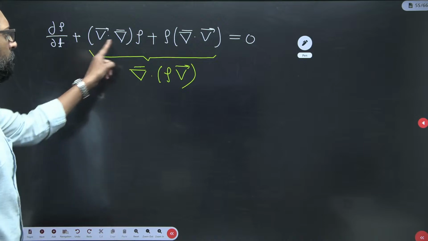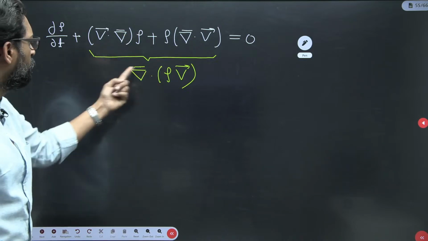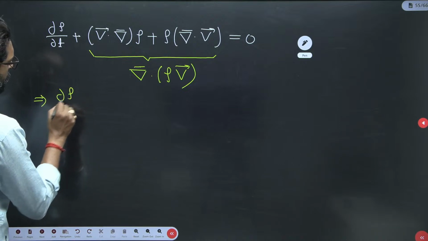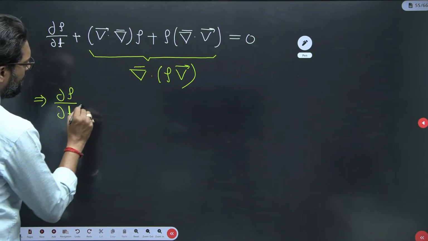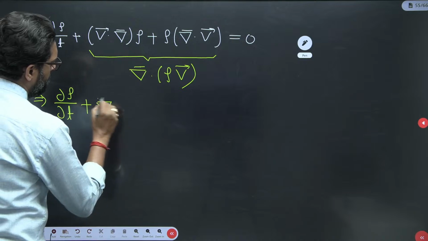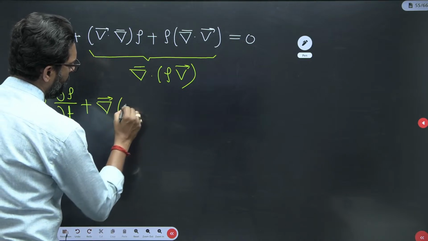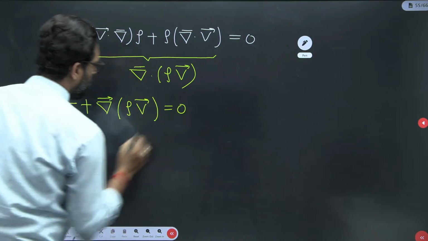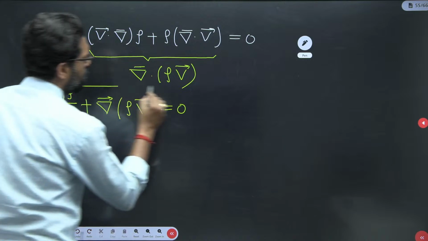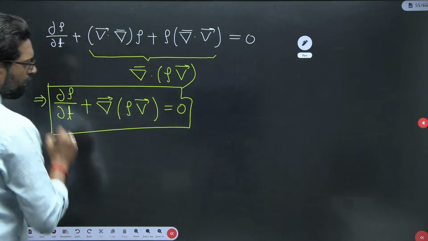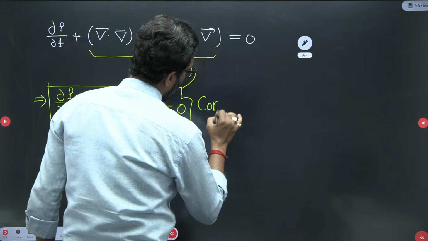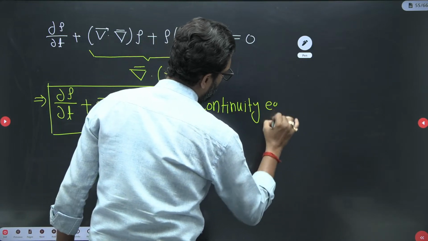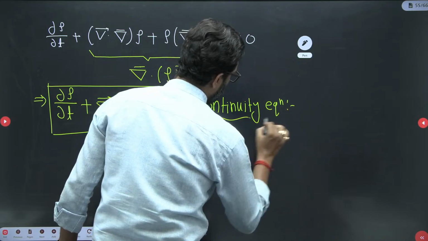Just put this value, combine it, and you get this one. So this is d rho/dt plus the divergence of rho V vector is 0. This is called the continuity equation. You can easily find the continuity equation.